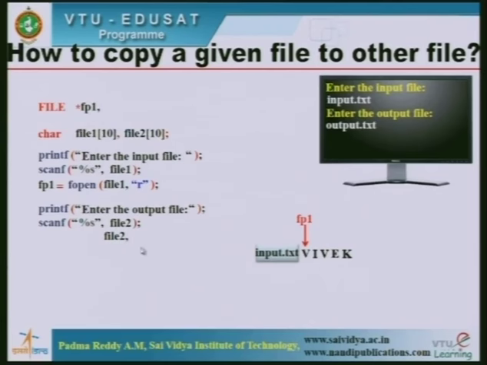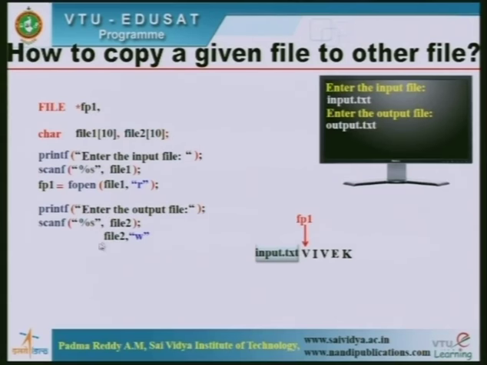Now let us open the output file. Still the output file has not been created. We have to create this output file. So for that we write file2. What is file2? output.txt is your file2, and that is available in which variable? file2. So let us use that to open the file in which mode? Write mode. So I write a w.